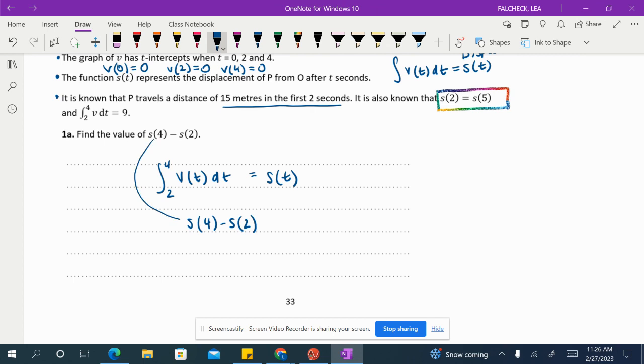So we've generated this from the given information. And we do know right up top, it tells us that this is equal to 9. So s of 4 minus s of 2 must equal 9 because it was pretty much just given to us. So we have our first answer as 9.